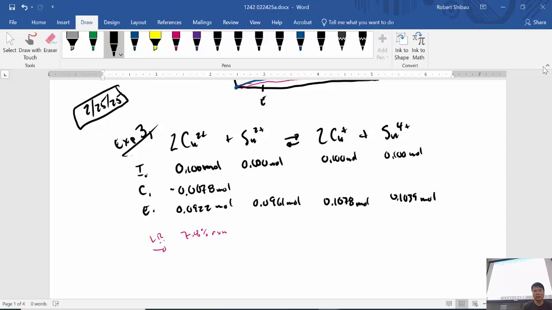This is 0.0039, so the tin only had 3.9%. It has to be half because of stoichiometry. Copper is a 2-to-1 stoichiometric ratio, so this is half of it, which is 3.9%. But again, when we do percent reactions, we usually look at just the limiting reagent, not at everything, unless we're curious about the tin.